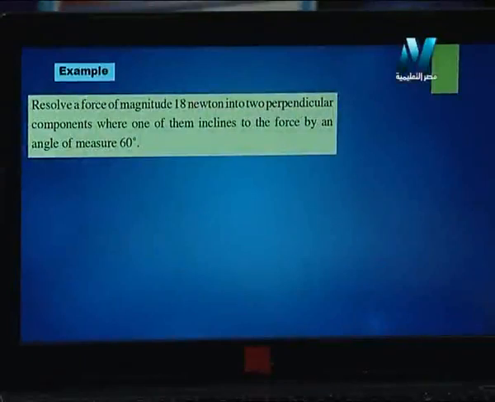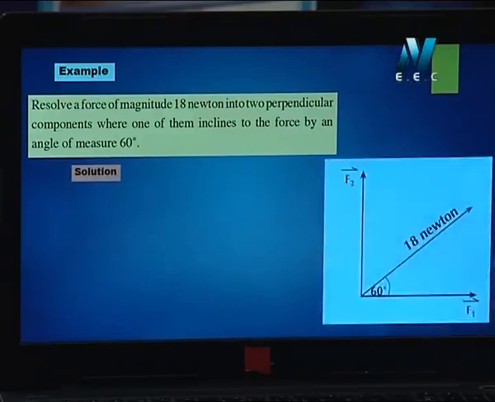Okay, let's move to the next question. Example: resolve a force of magnitude 18 newtons into two perpendicular components where one of them inclines to the force by an angle of measure equal to 60 degrees. Solution: we have here F1 and F2.